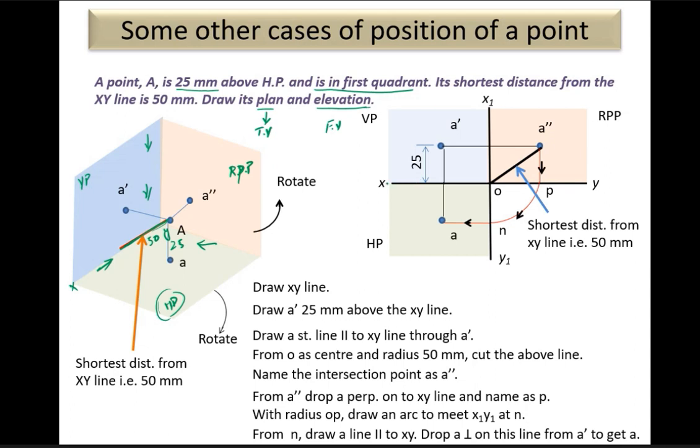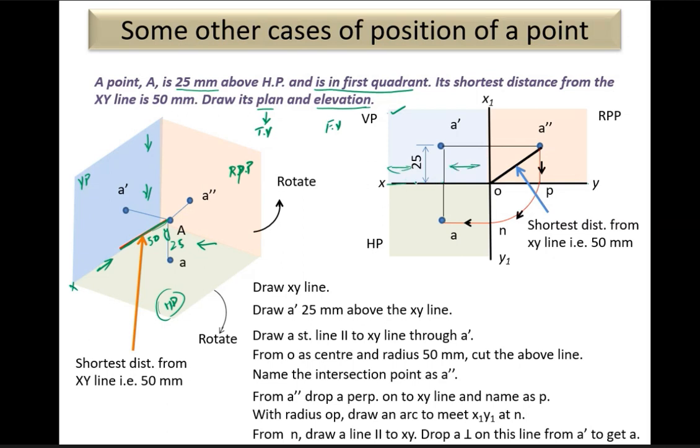So first of all, we will draw our XY line. Since it is in the first quadrant, we know VP is above this XY line, HP is below this XY line. So we'll take any point. It doesn't matter where we start on our XY line, so this dimension is not important. Always remember that.